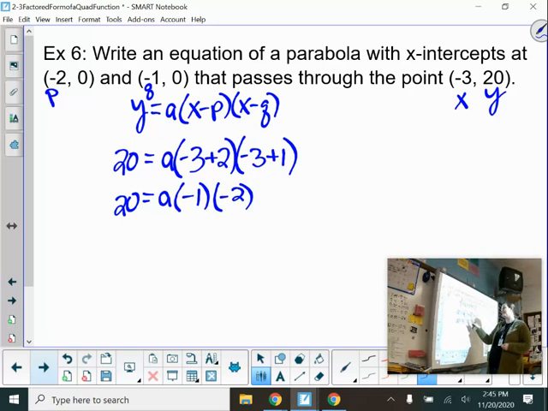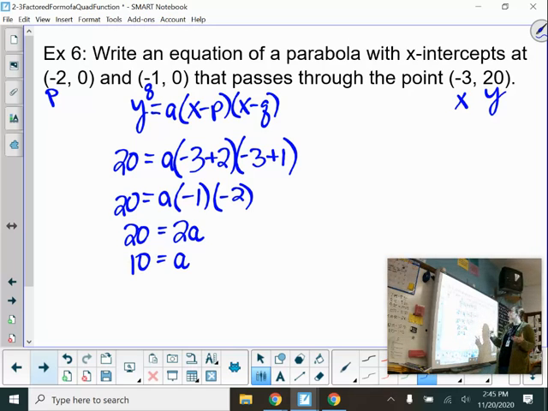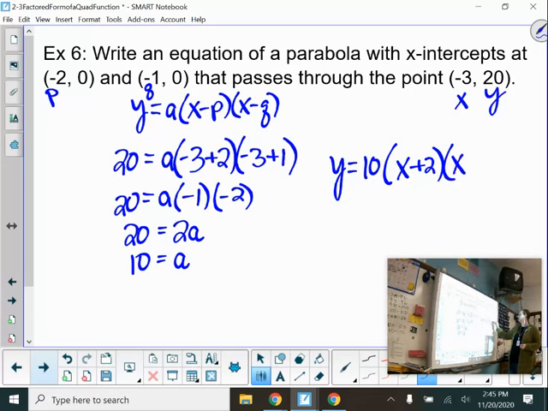When I multiply those together, I get a +2, so that's going to become 2a. When we divide, we get a is 10. So your equation in factored form with these x-intercepts is going to be y equals 10 times x plus 2 times x plus 1.